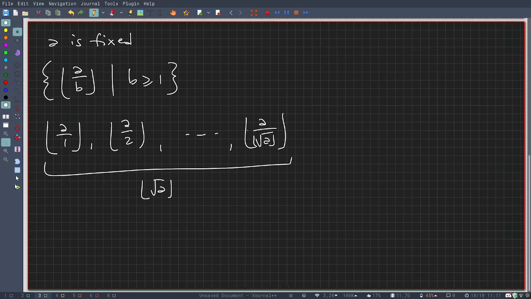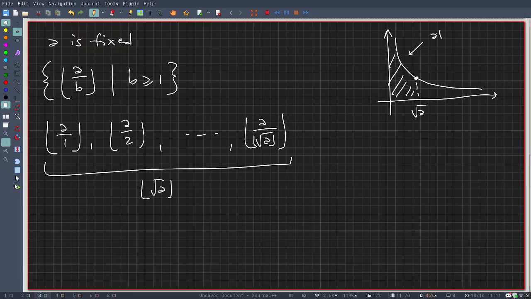At the beginning, we can try to plot it. This is A divided by B, approximately. I'm not using floor. And the idea is this. This is the point square root of A. And then here, there are at most square root of A distinct values.